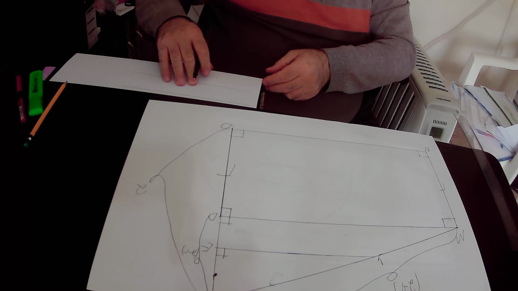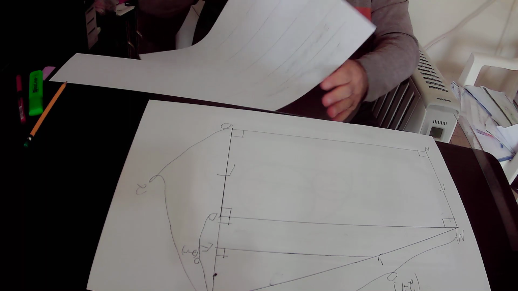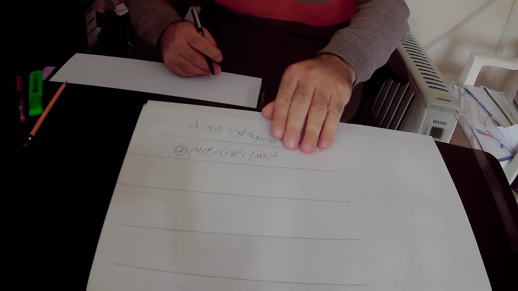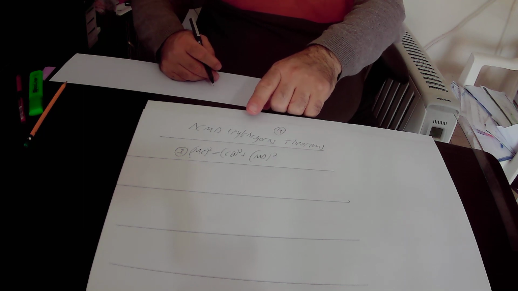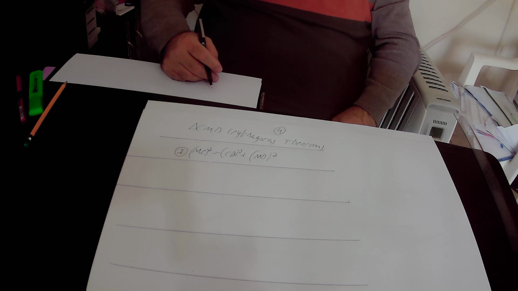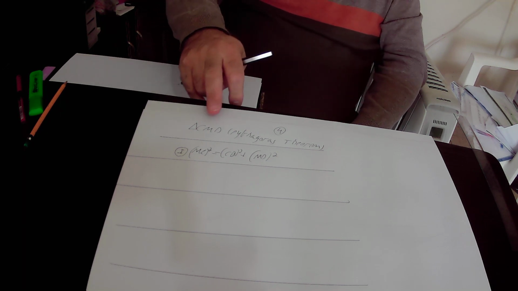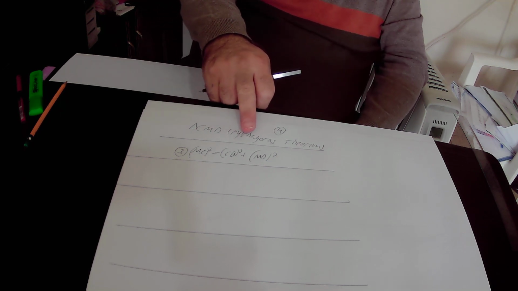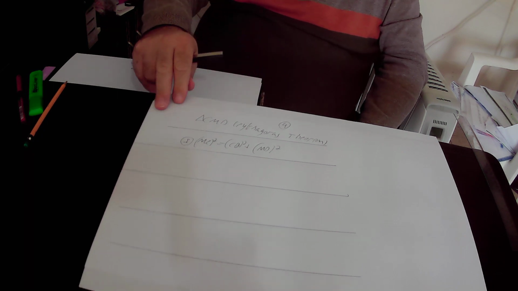I will repeat again: MC square equals CD square plus MD square.